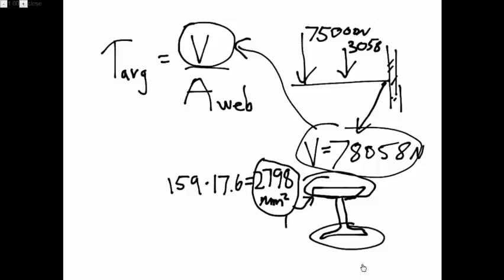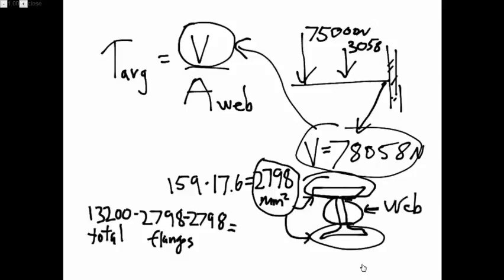So if we take the total area and subtract the area of the two flanges, we're left with the area of the web. So here's the total area which is given in the table. We're subtracting one flange then the other, and we get an area for the web.